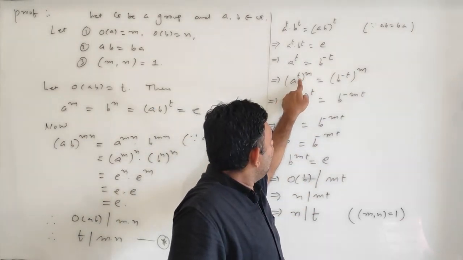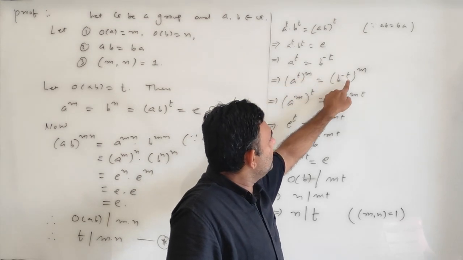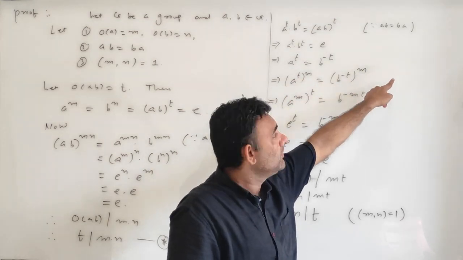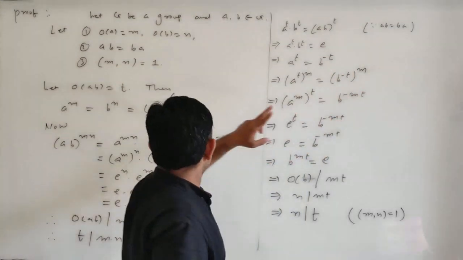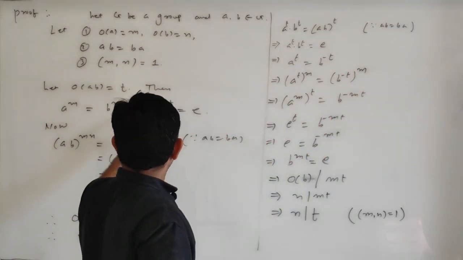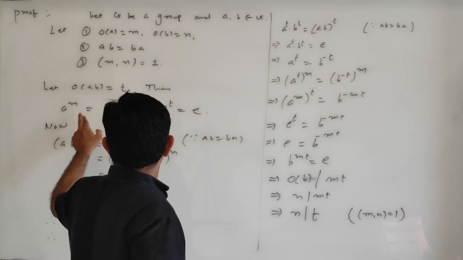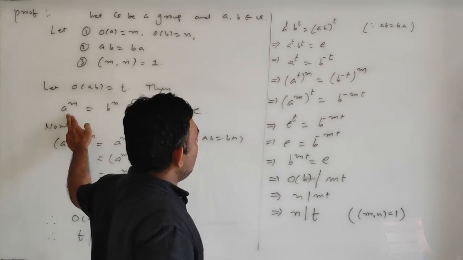You look at A raised to T raised to n and B raised to minus T raised to n. Then B raised to n gives me identity, and the order of A is m.